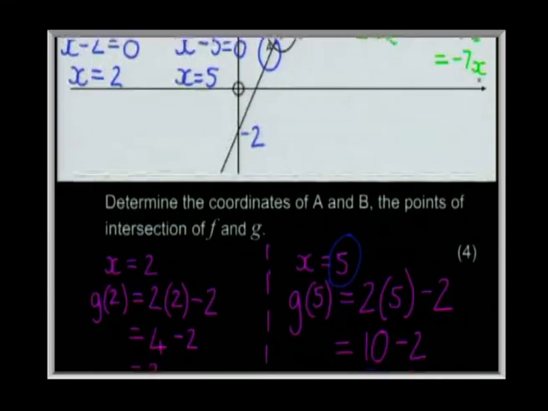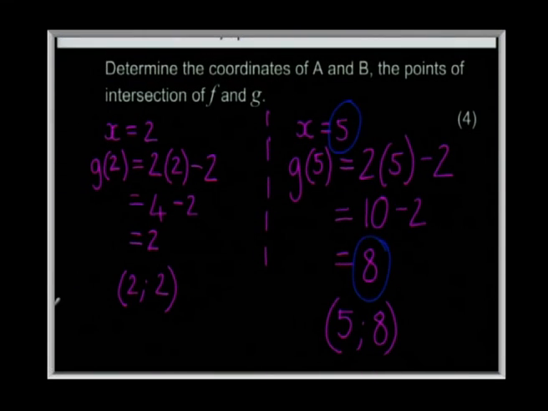Let's look at the two. The y value over here is 2, and the y value over here is 8. So 2 is lower than 8, meaning that a is going to be 2, 2, and b is going to be 5, 8.